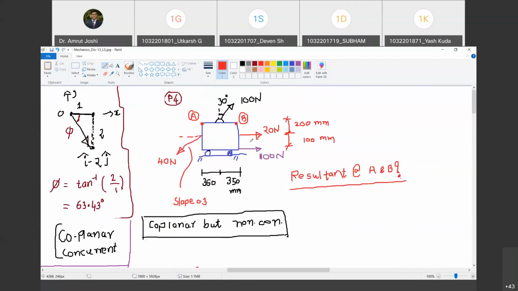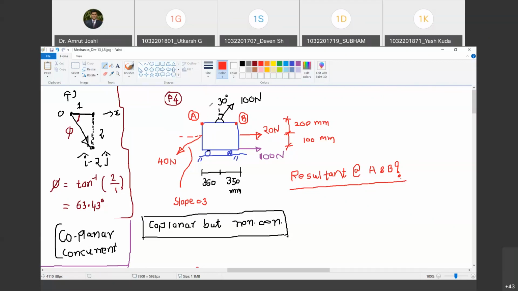Now I am going to ask you few questions. What is the effect of this 100 Newton force at A? Tell me. Yes, sir. So we have already discussed this point. What I need to do is put this 100 Newton force as it is at A, plus I will have to add a moment.